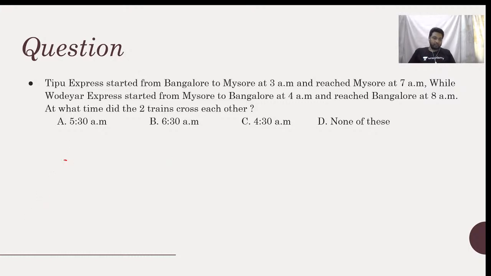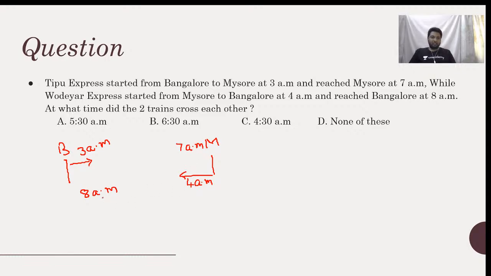If I represent it, this is Bangalore. This is Mysore. One train starts at 3 a.m. and reaches at 7 a.m., while the other starts at 4 a.m. and reaches at 8 a.m. If you observe, starting at 3 a.m., reaching at 7 a.m., is 4 hours.